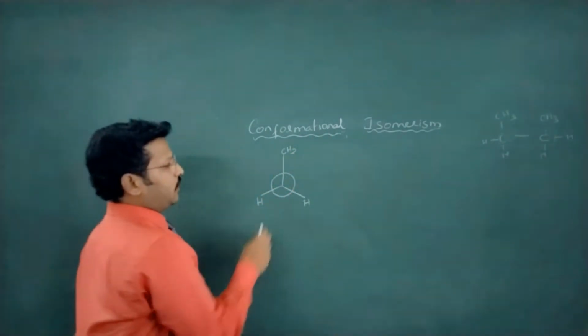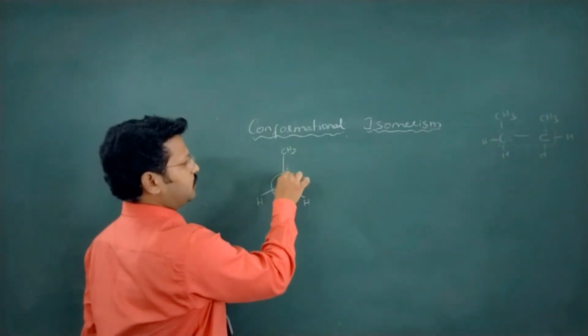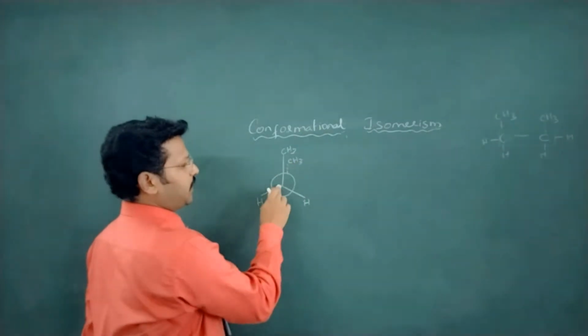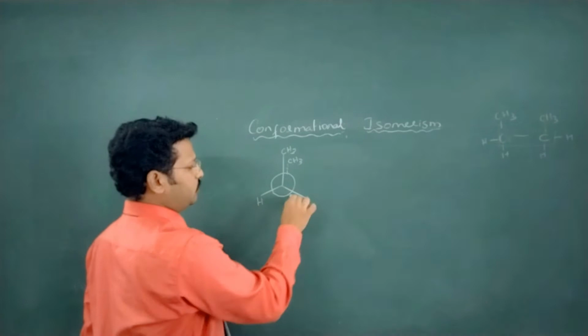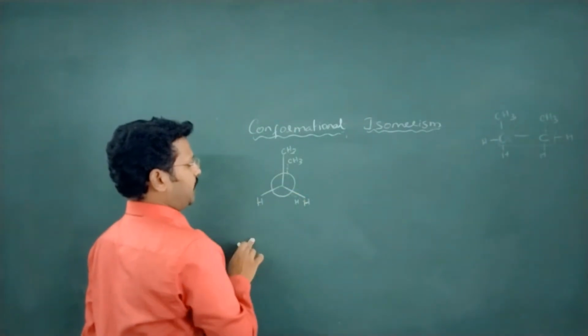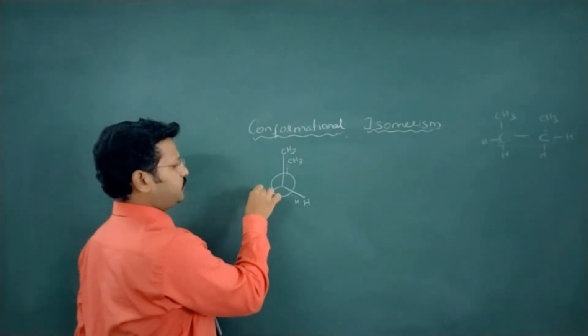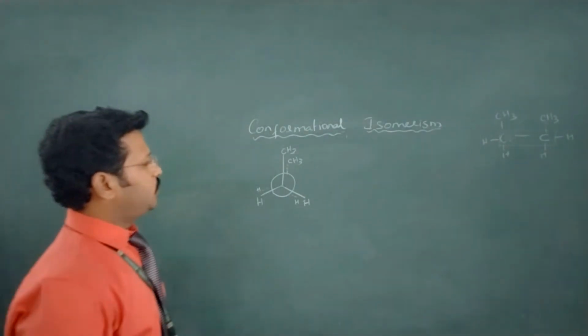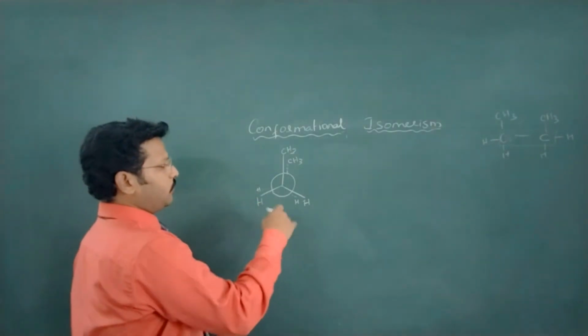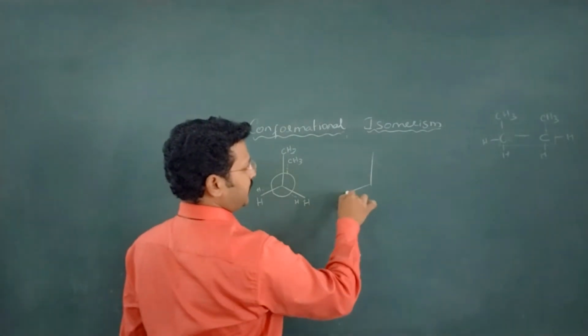The next carbon, hidden at the back, has a CH3 group and similarly two hydrogens. Here we can draw different orientations. It's like this.